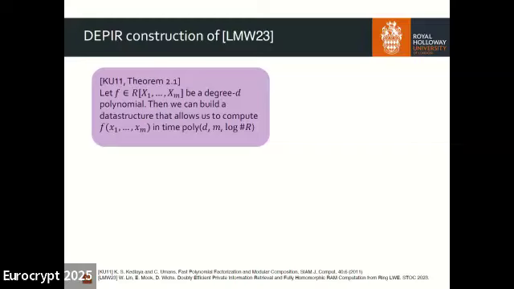This fits nicely into the dPIR setting, where we can compute the data structure in the pre-processing and then efficiently evaluate the polynomial. So in LMW23, they use this polynomial evaluation result homomorphically to efficiently evaluate f sub dB.